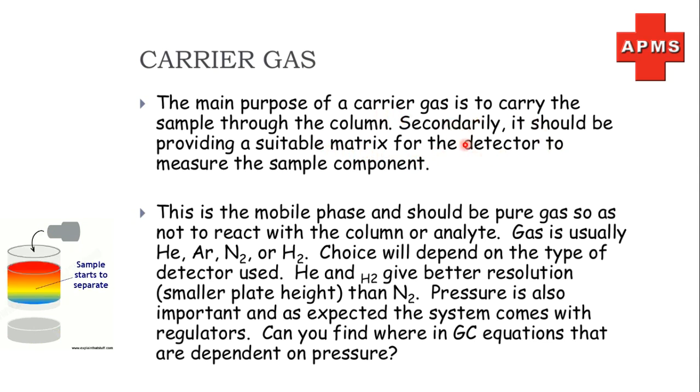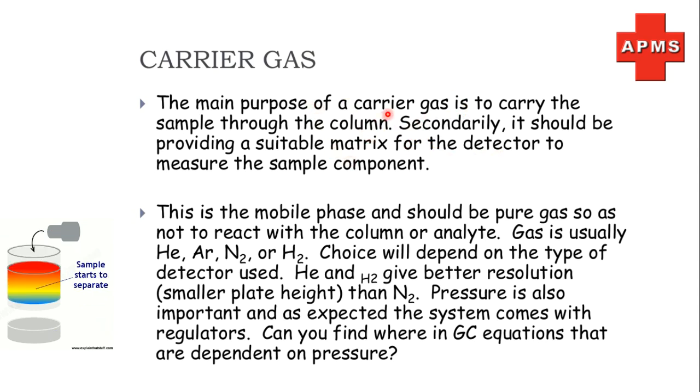Means this detector may detect or may not detect. During the sample detection, this carrier gas does not create any interference, does not create any problem during analysis in the detector.